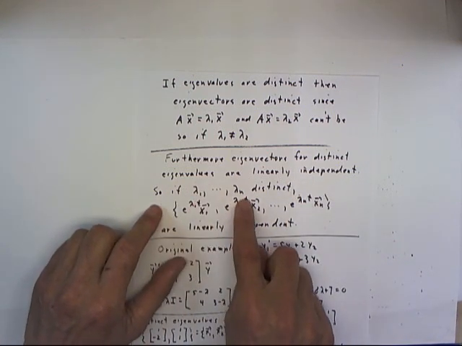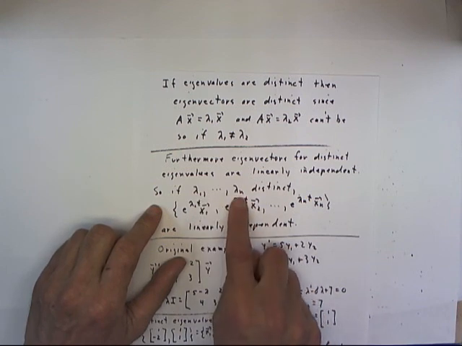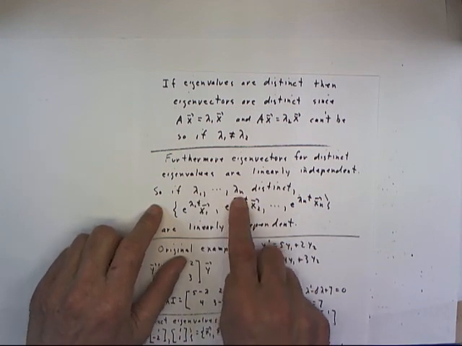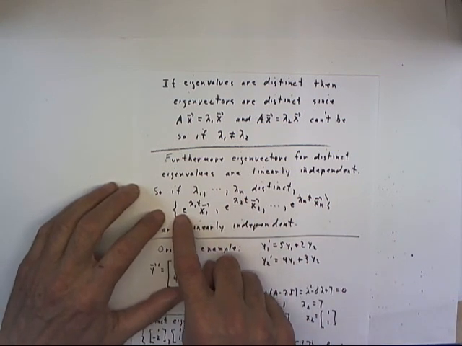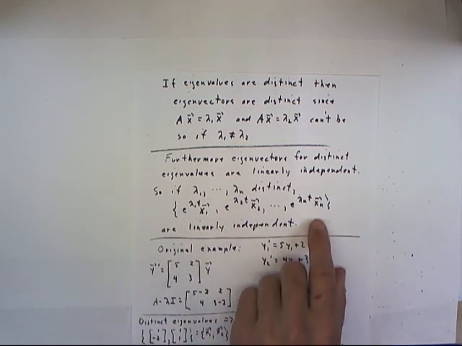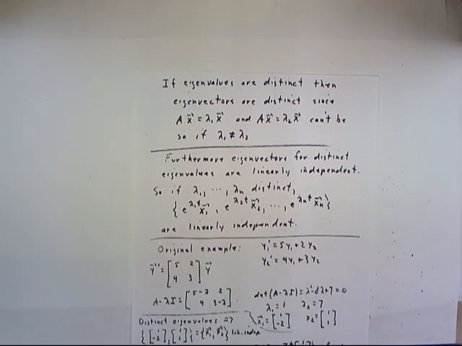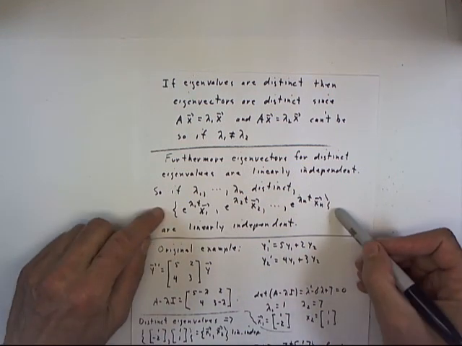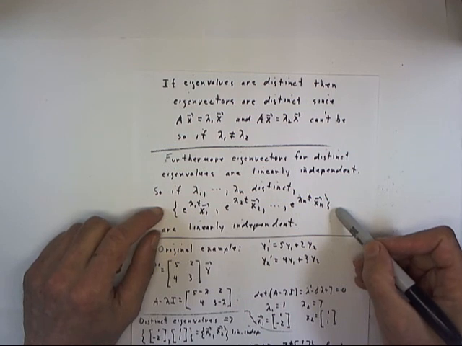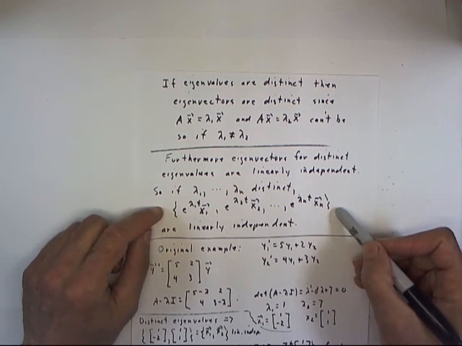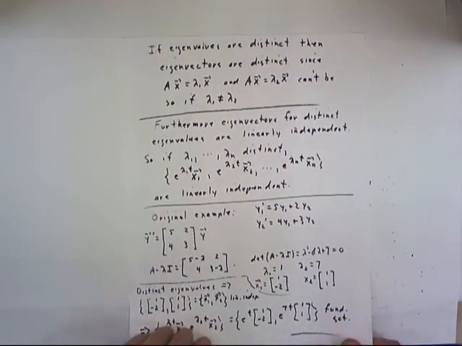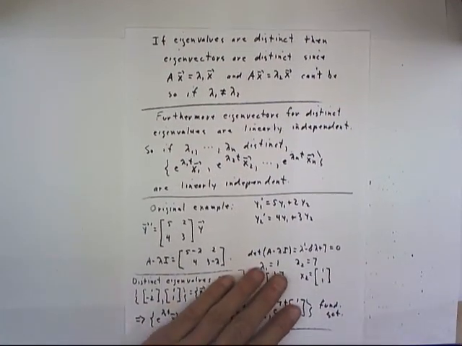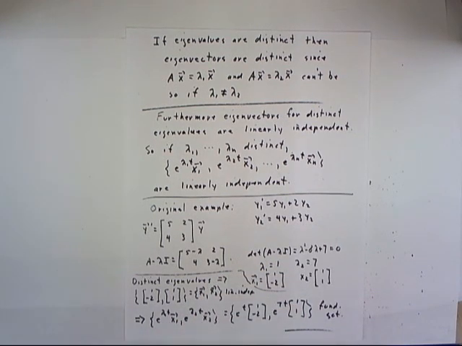So if these eigenvalues are distinct, it follows that the eigenvectors x1 through xn are distinct, and by the theorem we just proved, this is a fundamental set. These are linearly independent, and all the properties that we mentioned earlier occur. So if we have n distinct eigenvalues, we're pretty much home free as far as solving our system. If they aren't all distinct, things can get a little more complicated, and we'll see how that works out shortly.